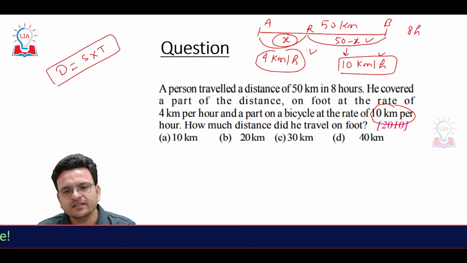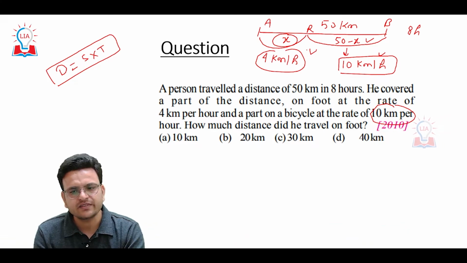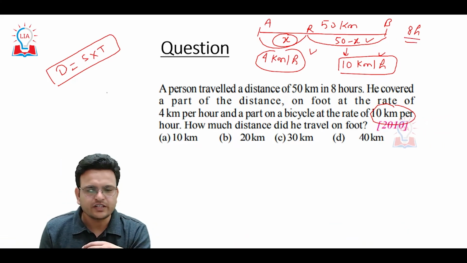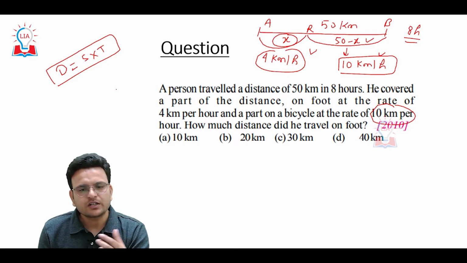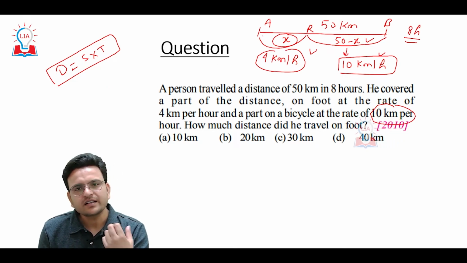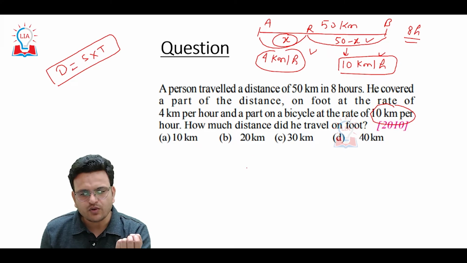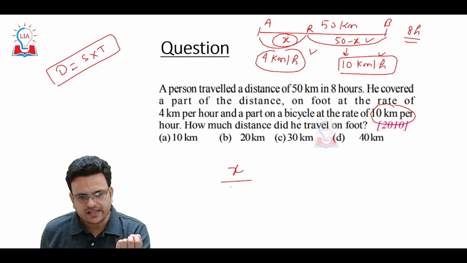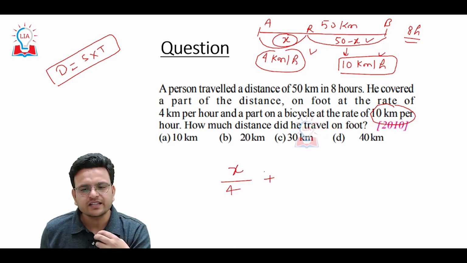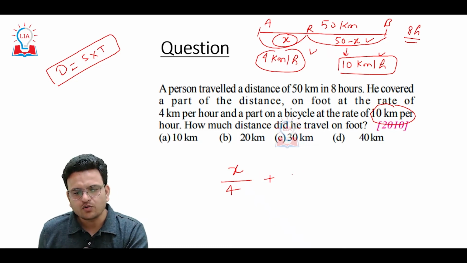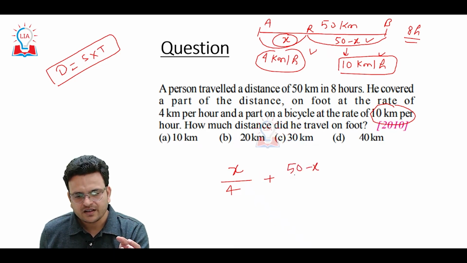What is constant? Distance is given, speed is given, time is also given. So we know that time equal to distance upon speed. The person has taken how much time from A to R? Distance upon speed. The person has taken how much time from R to B? Distance upon speed, equal to 8.